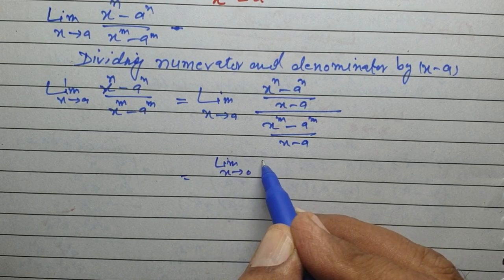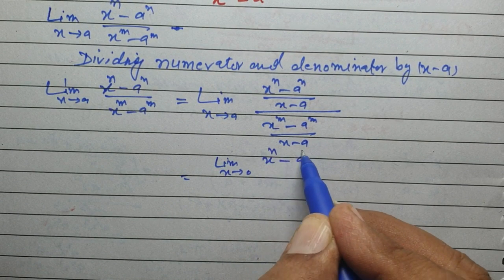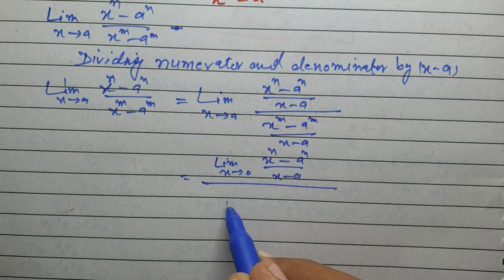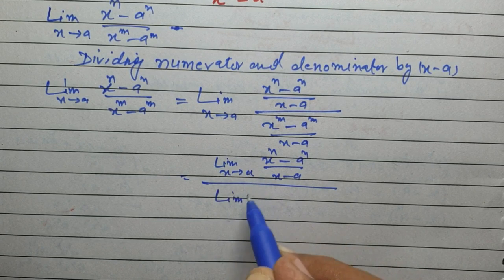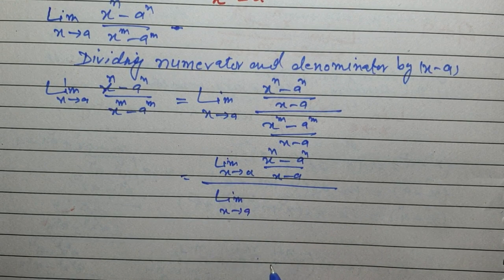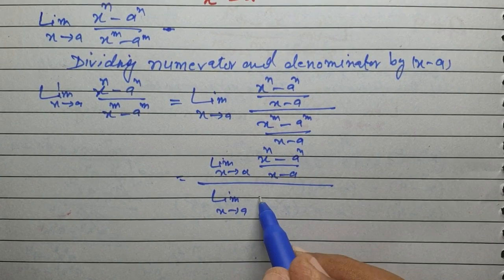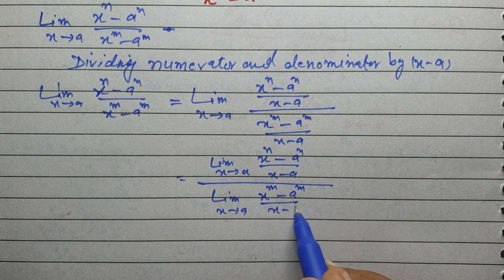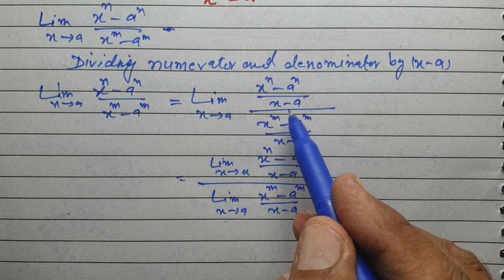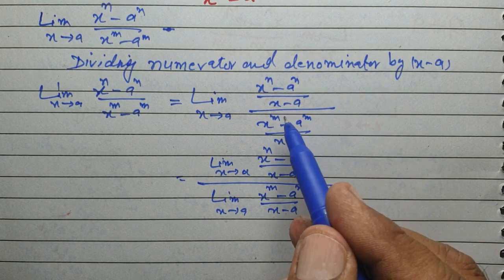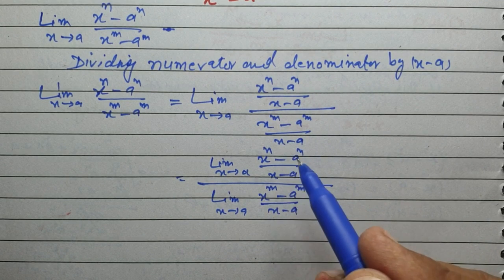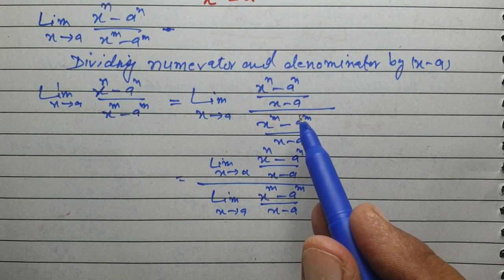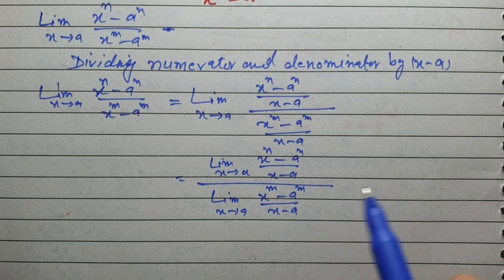Limit x tends to a, x raised to power n minus a raised to power n divided by x minus a. Limit x tends to a, x raised to power m minus a raised to power m divided by x minus a. It makes no difference. By dividing by x minus a, this will be cancelled. We have divided the numerator and denominator to get our result only.